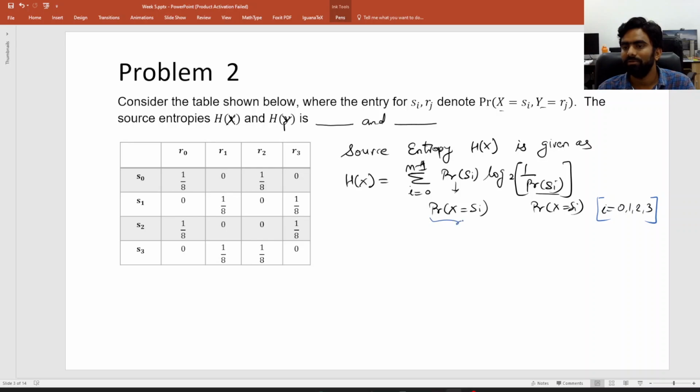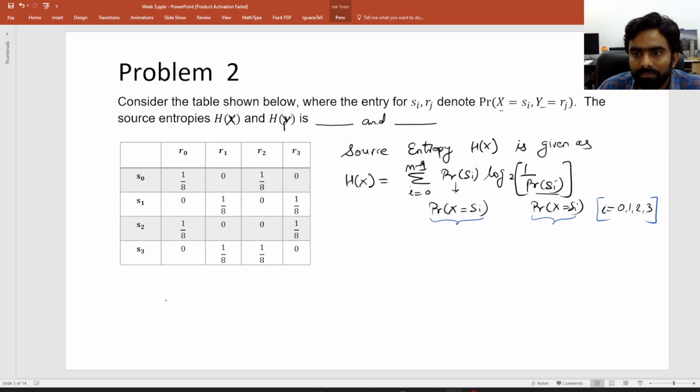These probabilities are called marginal probabilities. The probabilities of X and Y are called marginal probabilities from the joint distribution. And how do we find these probabilities using the joint distribution table?